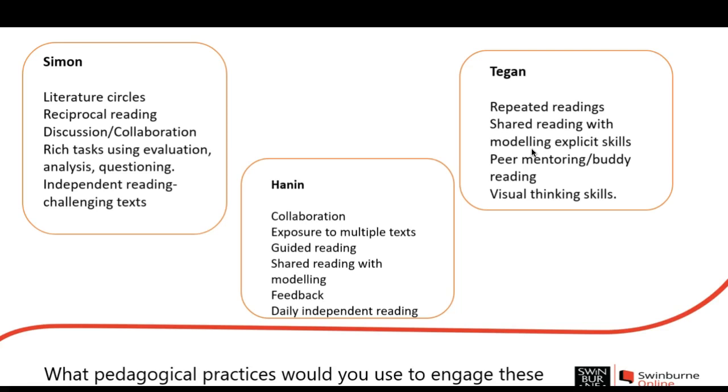So I was thinking to myself, what things would be good for Simon? Things like literature circles, things like reciprocal reading. Both have that same element of critical thought and critical analysis, and independent learning, with students running their own sessions. It moves beyond guided reading into the stage where students run their own session, scaffolded by the teacher.